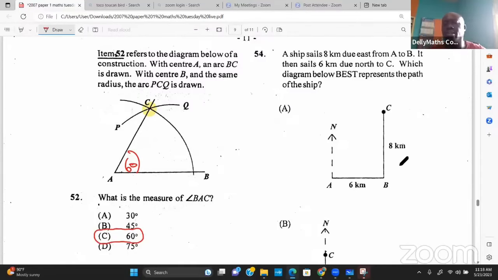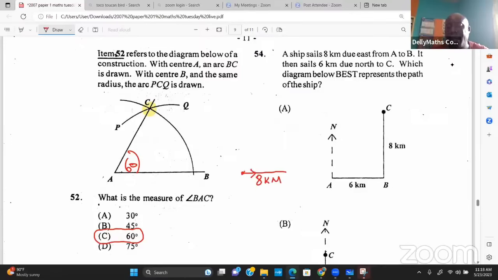So let's look at 54 on the screen. 54 says a ship sails, this is a bearings question, let's take a look. A ship sails 8 kilometers due east, right? 8 due east. So I could make my own thing and then match. So it sails 8 due east. So this is 8.